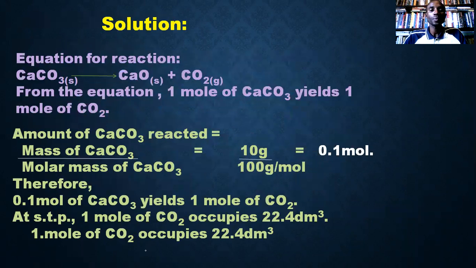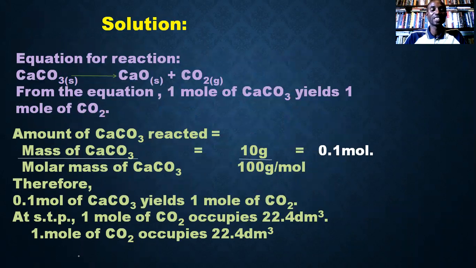With that, bring out the given equation and take the mole ratio 1:1:1, and with that find the number of moles of calcium carbonate, which is reacting mass over molar mass, and you're going to have the number of moles as 0.1 mole.